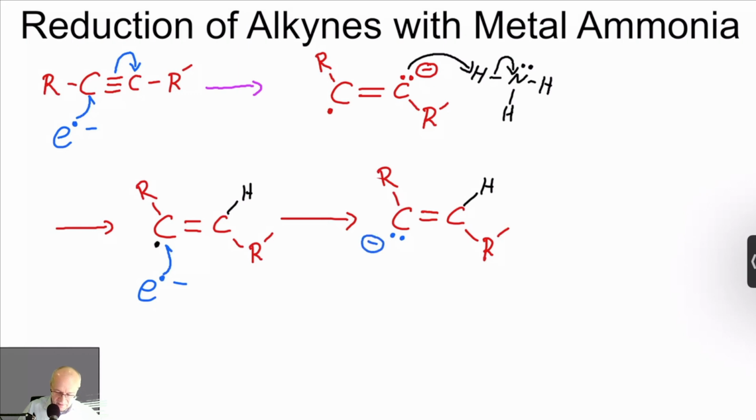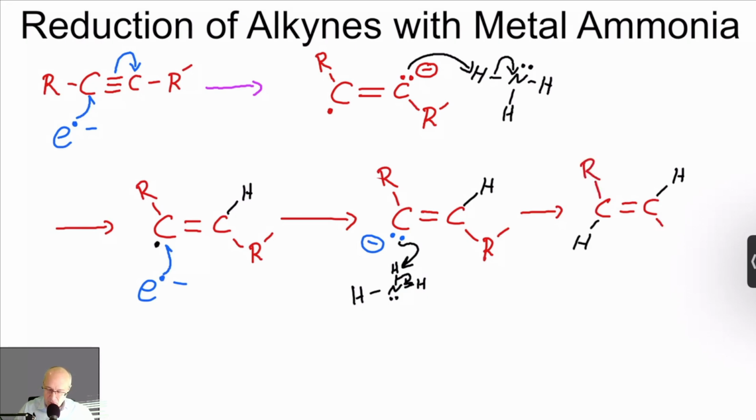And now we have an anion, which, as we've already seen, is basic enough to deprotonate ammonia. There we have it. Now that will generate our product, our trans alkene. And that's the mechanism of this reaction.